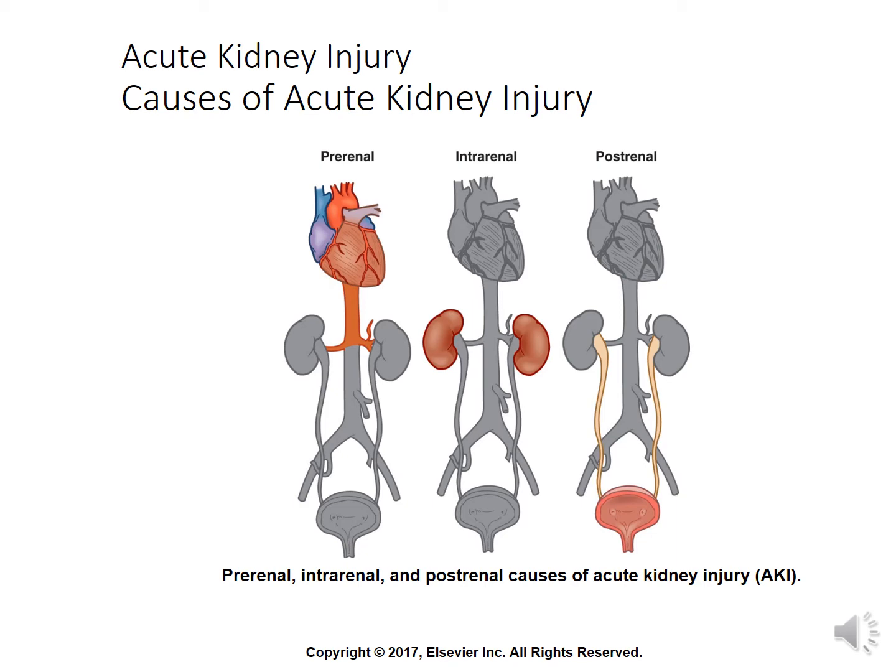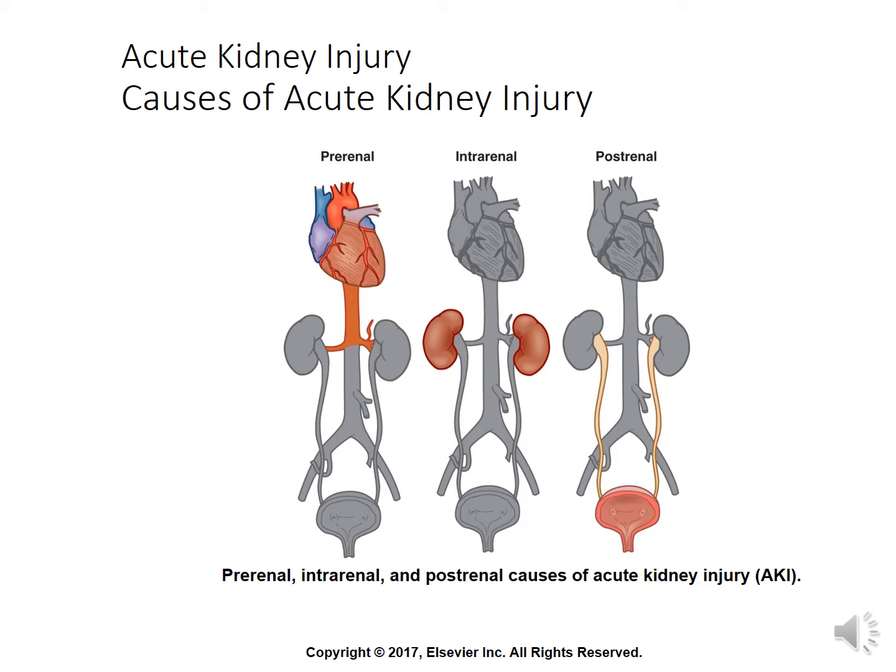So our aminoglycoside antibiotics, our high-dose NSAIDs, our ibuprofen, our gentamicin, vancomycin, our contrast dye, all of those things. Those would all be examples of intrarenal acute kidney injury.